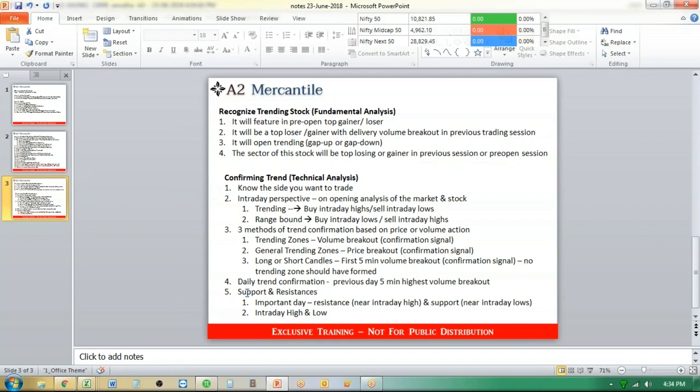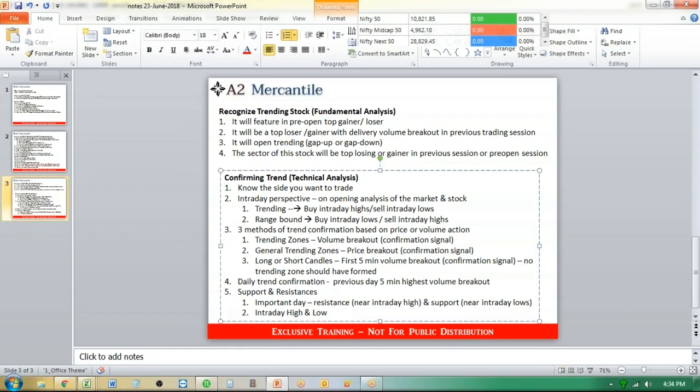For the 3 minute volume breakout, you can take the first candle. Support and resistance should be considered in the 5 minute candle only. Do support and resistance in 5 minutes.